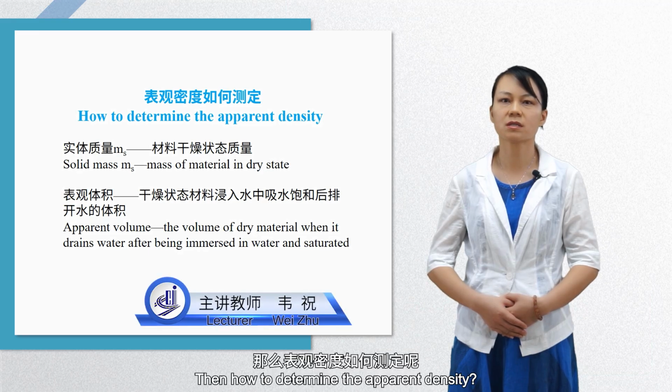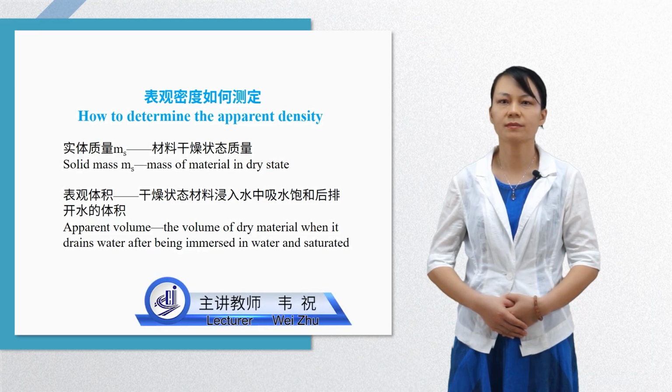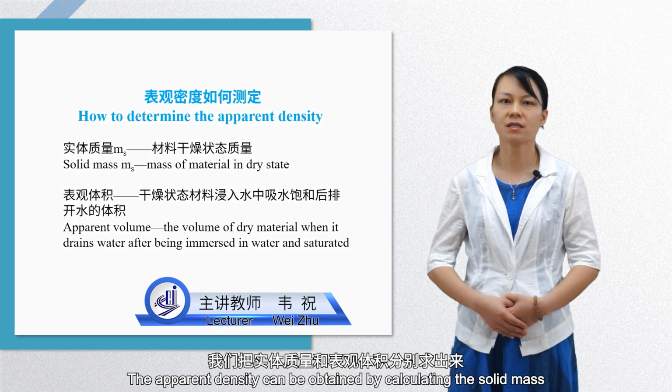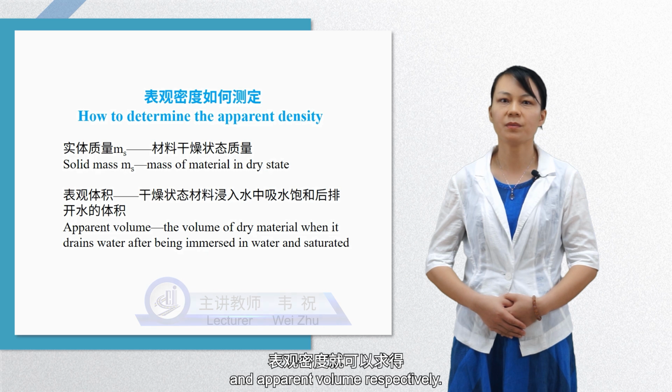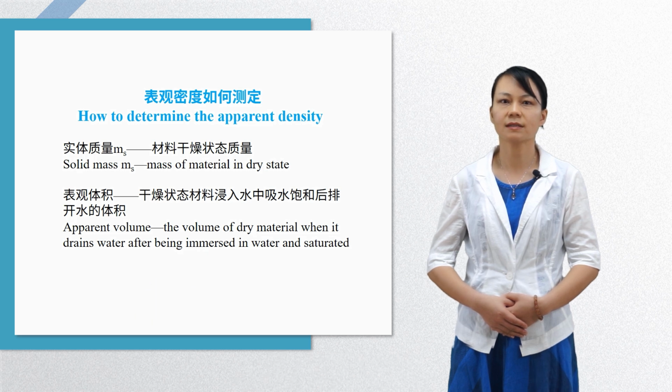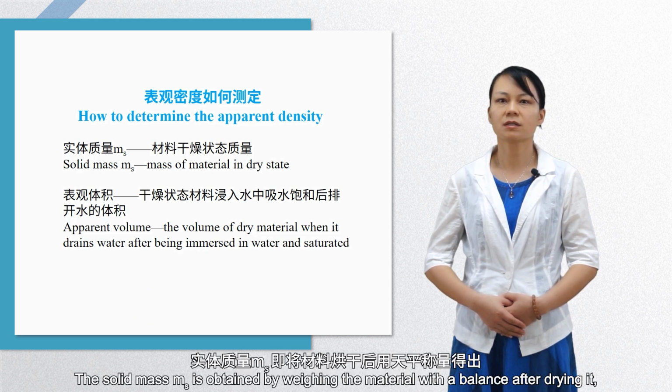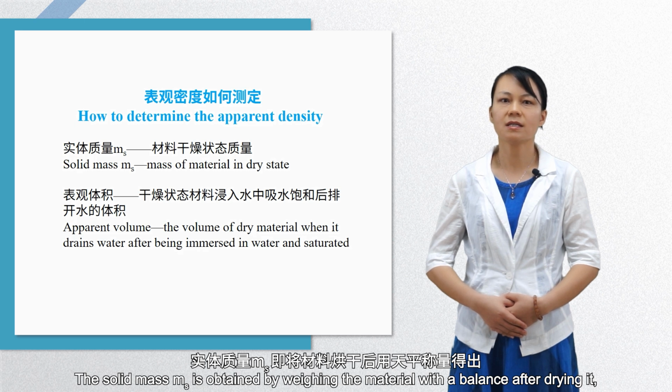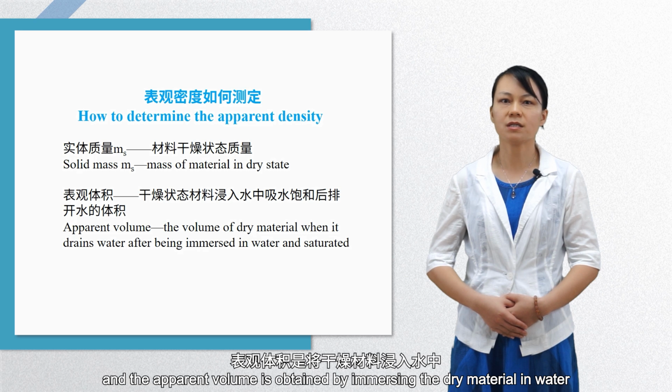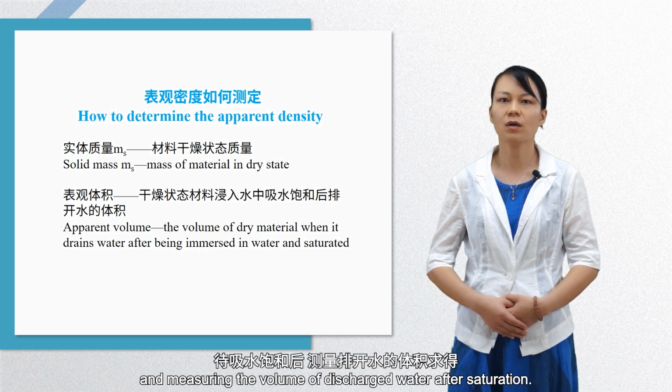Then, how to determine the apparent density? The apparent density can be obtained by calculating the solid mass and apparent volume respectively. The solid mass ms is obtained by weighing the material with a balance after drying it, and the apparent volume is obtained by immersing the dry material in water and measuring the volume of discharged water after saturation.